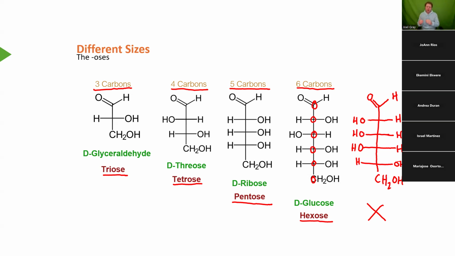The positioning of my OH groups, my alcohol groups, also known as my hydroxides, is important for identifying whether a sugar is glucose or if it is not glucose. Now, I'm going to draw one last molecule.